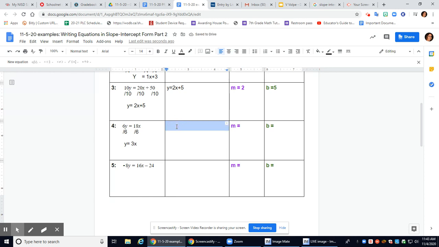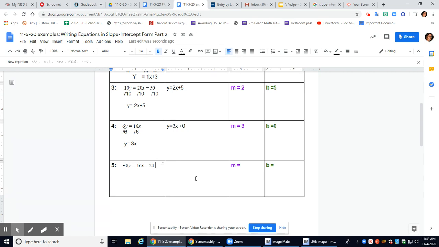So my equation, when I rewrite it, is y equals 3x. My slope is the coefficient in front of the x, so that's the 3, but then I don't see a y-intercept, and that's because it's plus 0, but we don't really write that, but for the y-intercept, we would put 0. Okay, next one.